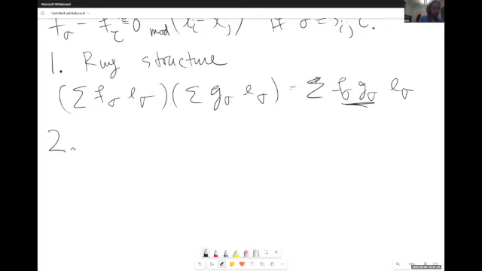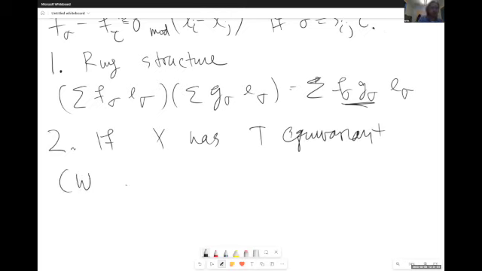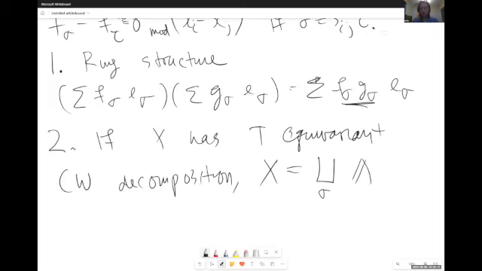Two, if X has a T-equivariant CW decomposition, which means I can write X as the disjoint union of a bunch of spaces, each one of which is just affine space.